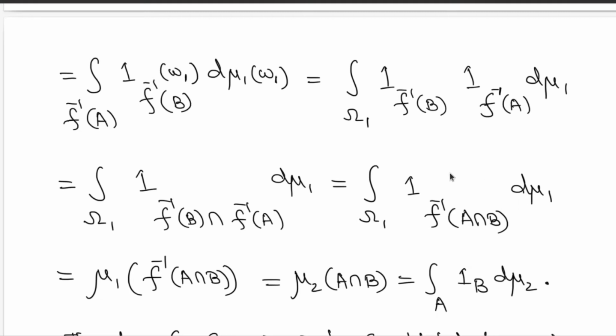Now, since you are just doing the integration of this indicator function, this is nothing but mu 1 of the pre-image of A intersection B. So that's all you are doing here. Great.